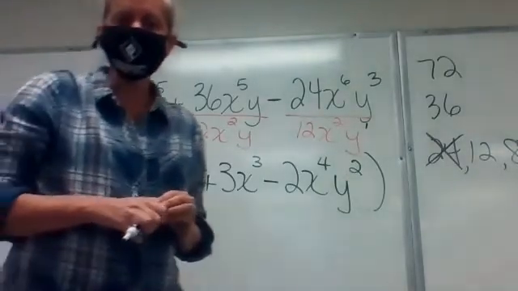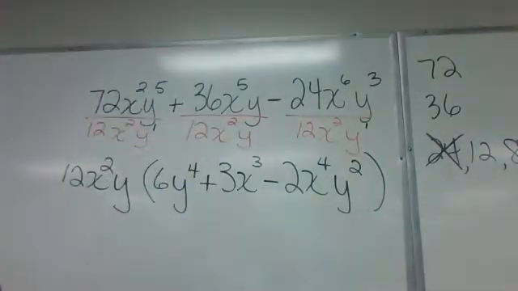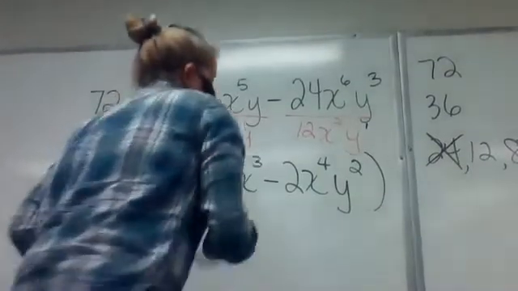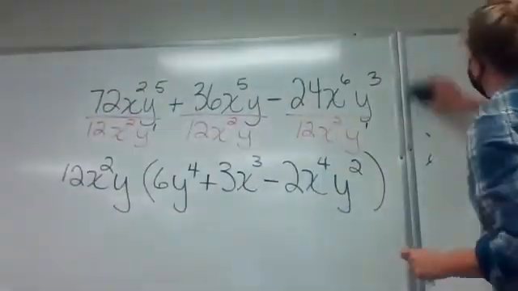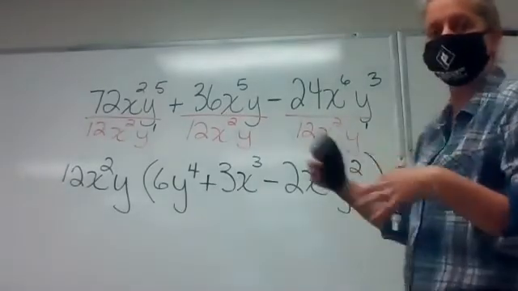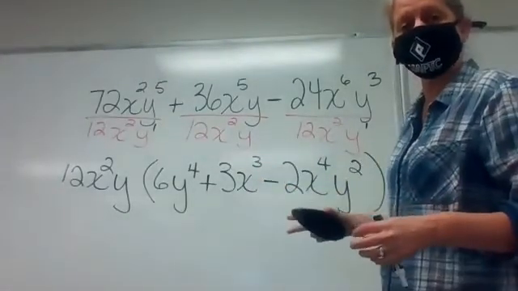Okay? Now, the second part of 6.1 is called factor by grouping. So it's in the greatest common factor section for a very good reason. I'm still going to be doing a lot of greatest common factor like I'm doing here.